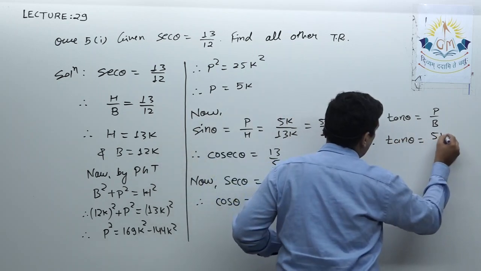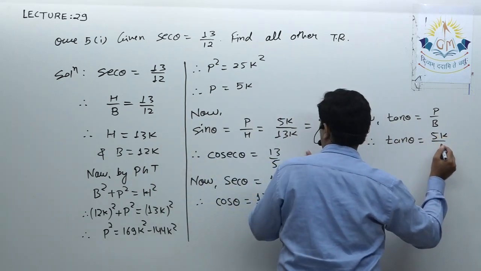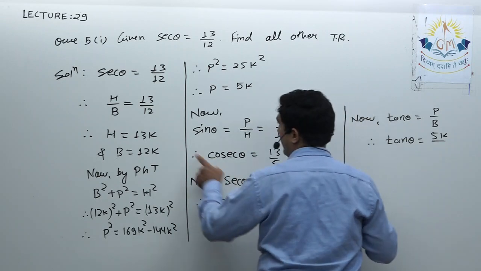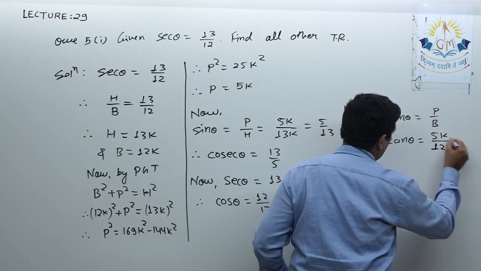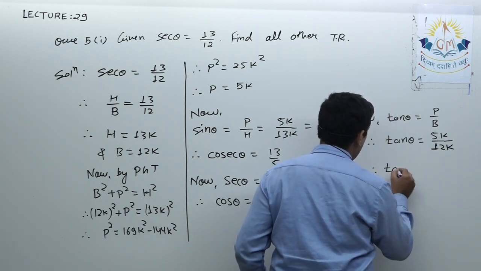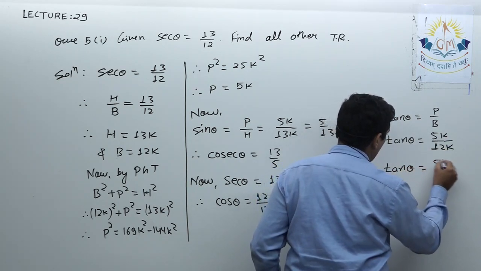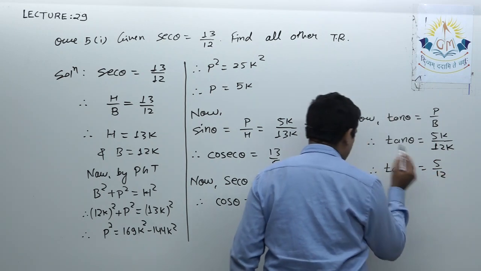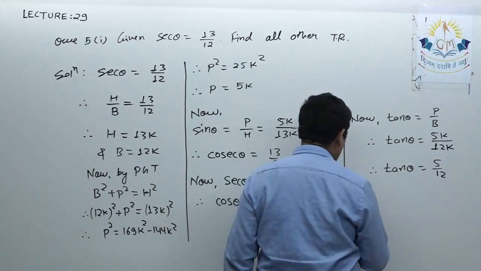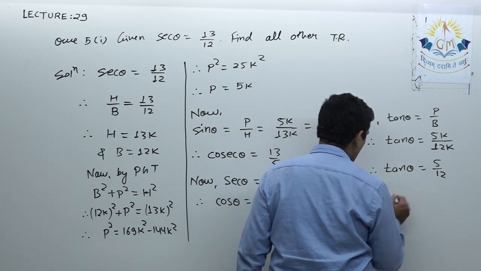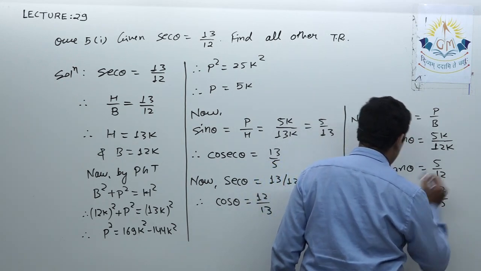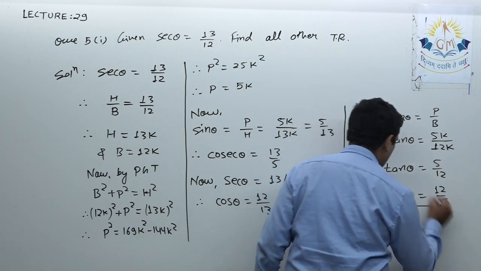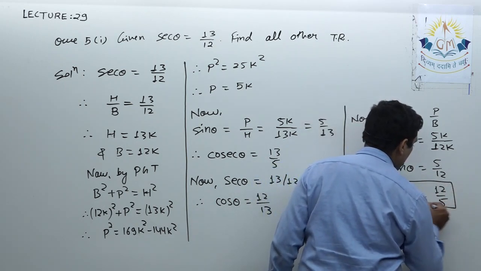Perpendicular is 5k, base is 12k. Therefore tan theta is equal to 5 upon 12. As tan theta is equal to 5 upon 12, we can say cot theta is equal to 12 upon 5.